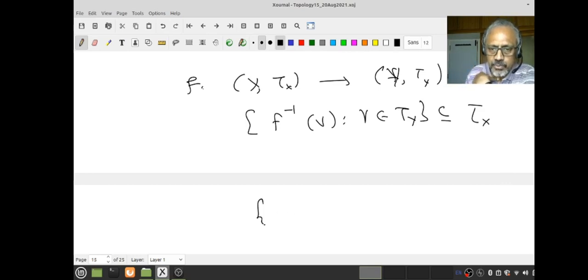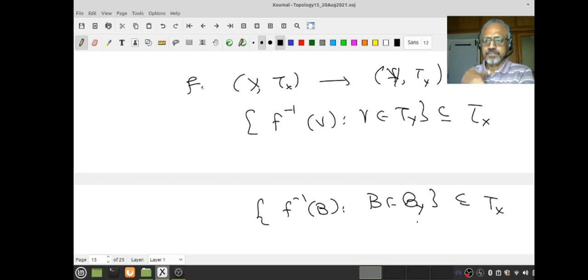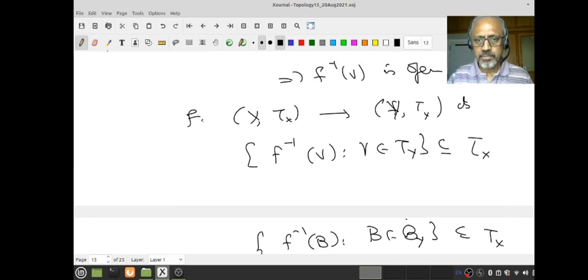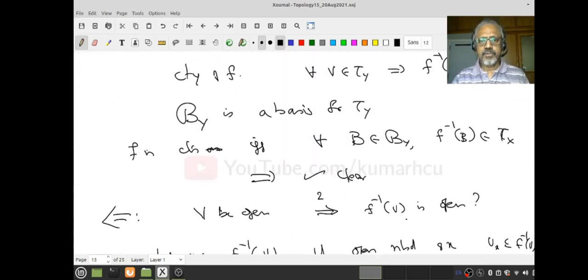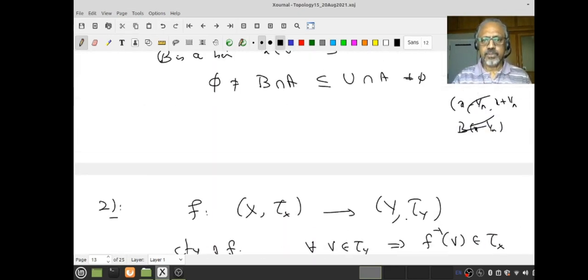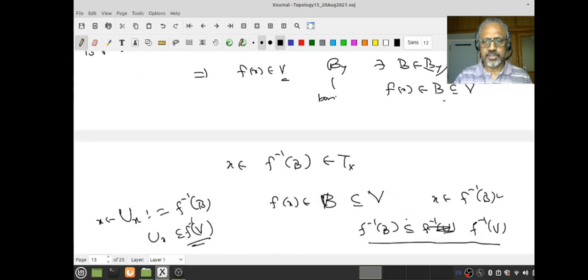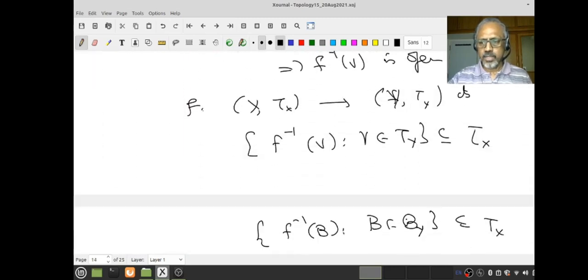Now what we have shown is f inverse of B, where B is in B_Y. This containment in tau X is enough, because B_Y is a basis. It's very likely to be a smaller sub-collection of tau Y. You see that? So basis brings down our work. Okay, we don't have to work too much. That's the advantage. As we go along, we will see a lot more examples.